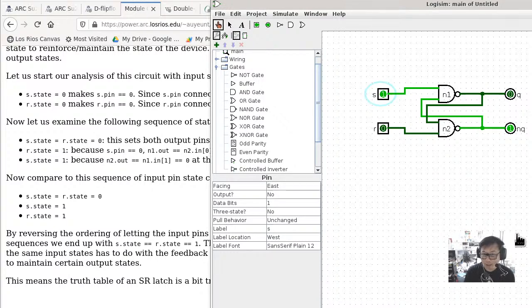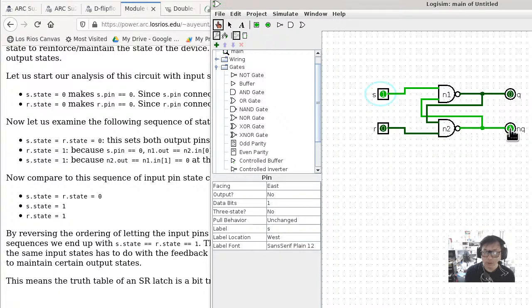So now we're going to switch R from 0 to 1. We'll analyze the circuit the same way as last time. S is unchanged. It goes into N1, and N2 is outputting a 1 as well. So N1 has both inputs being 1s, and it's going to output a 0. That 0 still continues to go to the first input of N2. So N2 continues to have at least one of its inputs being a 0.